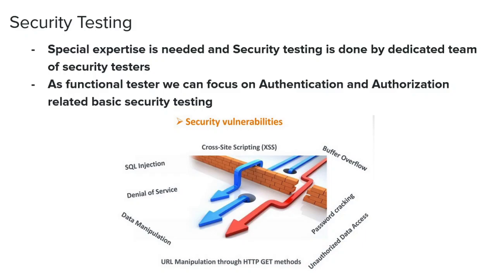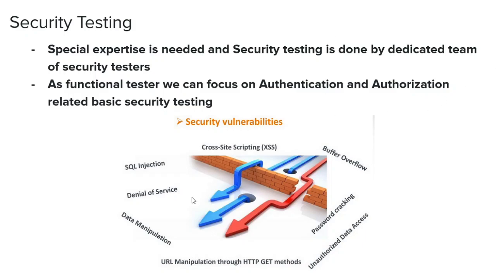So when we are doing functional testing, as a functional tester, we have to focus on certain basic things about security testing, like authentication and authorization related security testing. Now, what exactly is authentication and what is authorization? We will see.